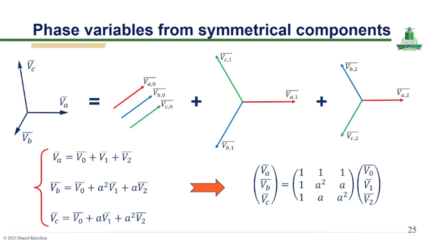This leads to the compact matrix form that relates phase voltages VA, VB, and VC to the symmetrical components V0, V1, and V2 by using these matrices. This transformation is very fundamental because it allows us to analyze unbalanced faults in a much simpler way by working in the symmetrical component domain and then converting the result back to actual phase conditions.